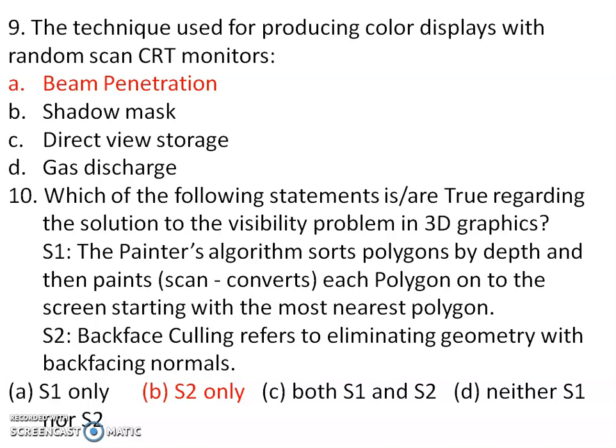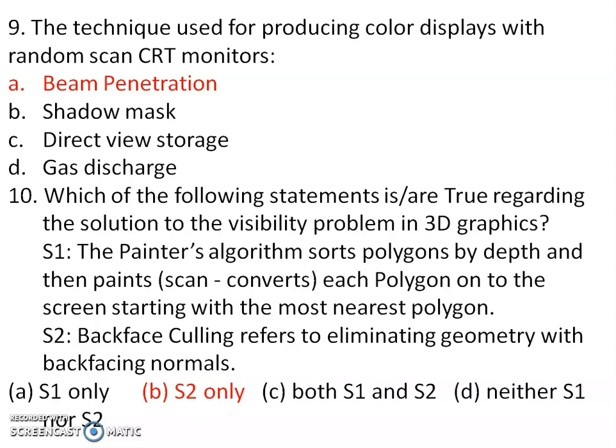Which of the following statements are true regarding the solution to the visibility problem in 3D graphics? First one is, the painter's algorithm sorts polygons by depth and then paints each polygon onto the screen starting with the nearest polygon. Next statement is, backface culling refers to eliminating geometry with backfacing normals.